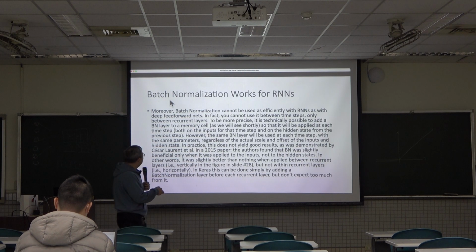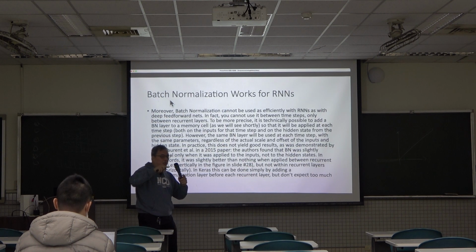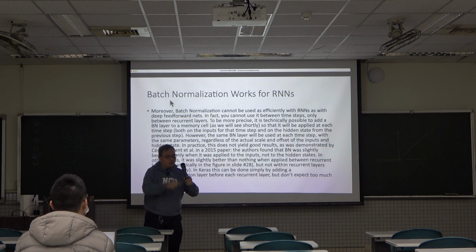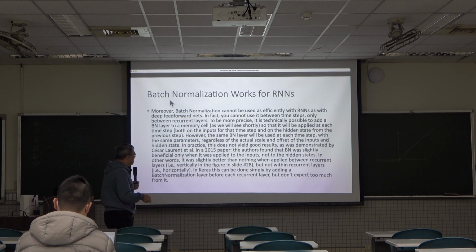If you apply batch normalization directly, it applies to both the input and the hidden state, because the hidden state is the feedback, which is also considered an input of the neuron. So in other words, it's slightly better than nothing when applied between recurrent layers.